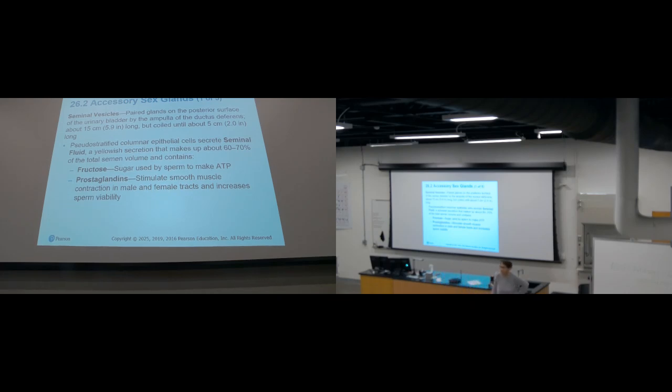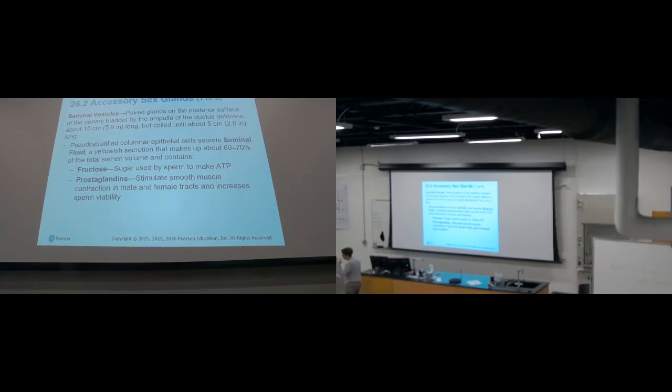So the seminal vesicles then make more of the semen than the prostate gland. And then again, as I told you before, this fluid is rich in fructose. Fructose is a carbohydrate that is used by the sperm cells to make ATP.